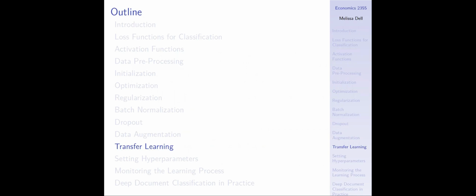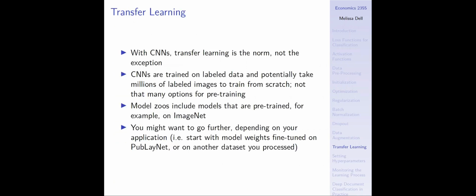Okay, another topic that we'll mention just briefly here in terms of training that's very, very important is transfer learning. And so transfer learning is just when you take a network that somebody else has already pre-trained. So you could take ResNet pre-trained on the ImageNet data, and you use that.